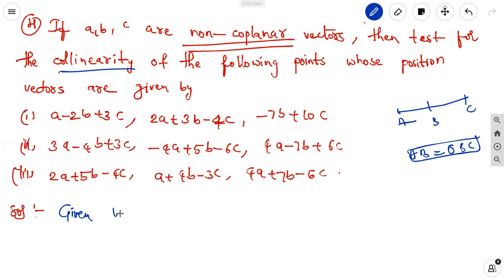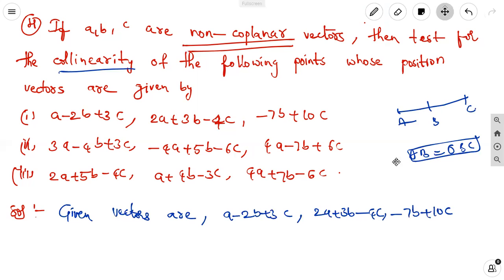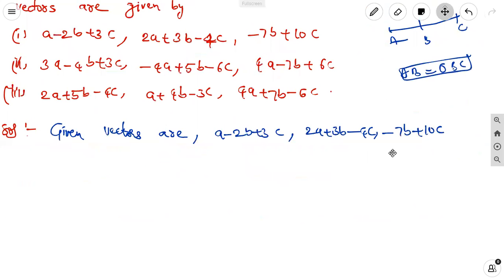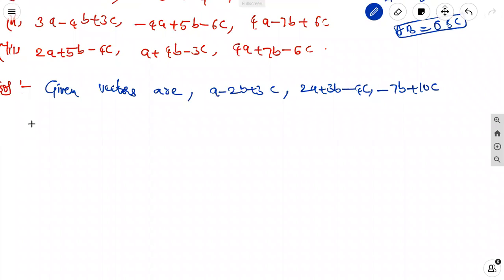The first problem, the given vectors are a minus 2b plus 3c, 2a plus 3b minus 4c, minus 7b plus 10c. Let O be the origin.